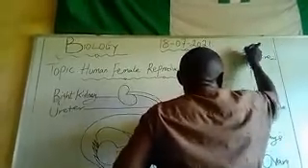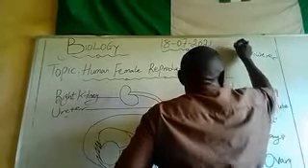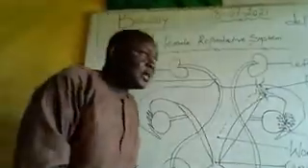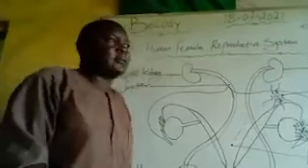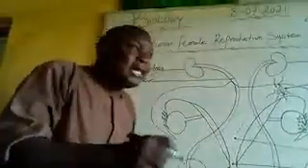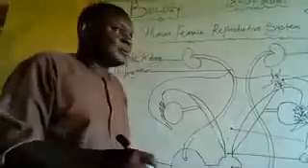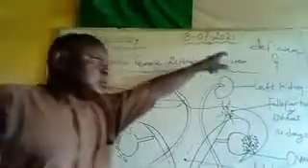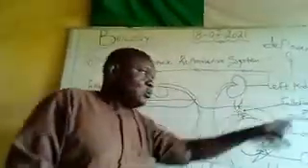Not disvirgin. Disvirgin is incorrect. Deflowered. When a lady is deprived of her virginity, we call it deflowered. That lady is deflowered.